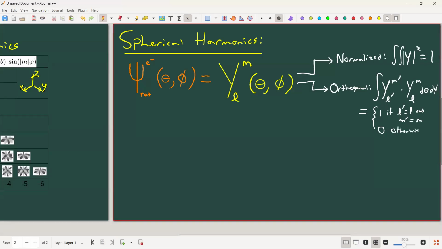So they're orthogonal, just like we want. They have all the properties that we want: normalized, orthogonal, and so on.